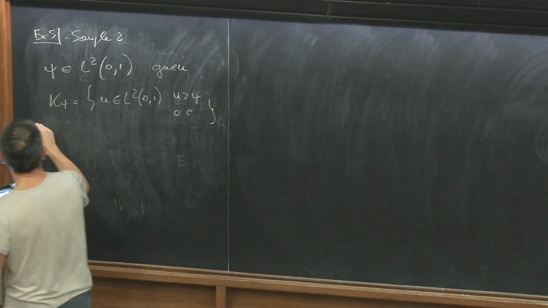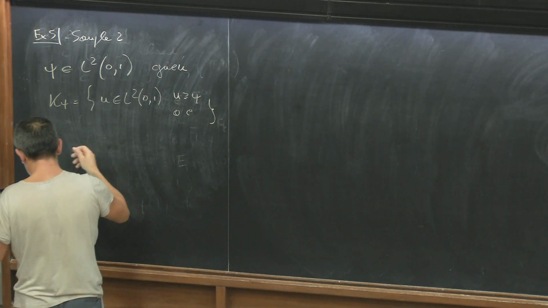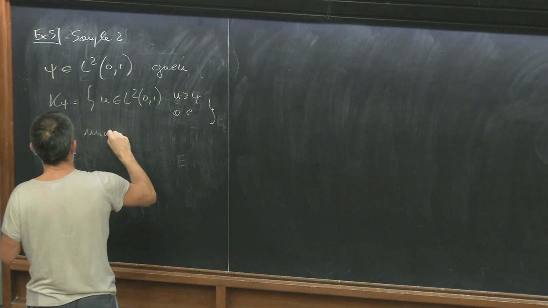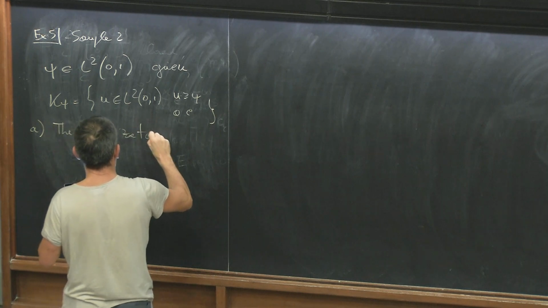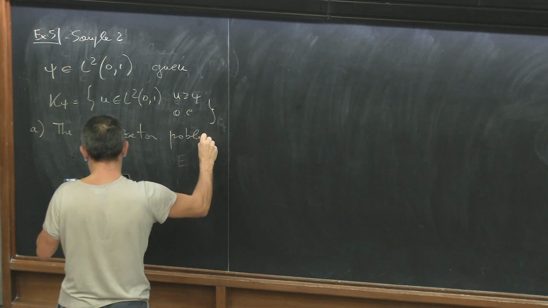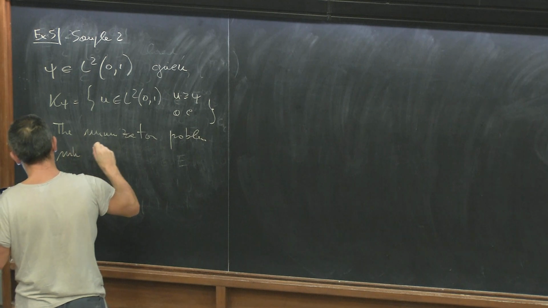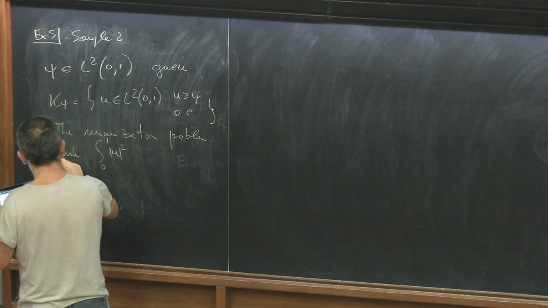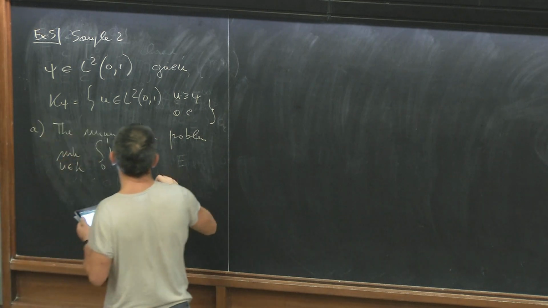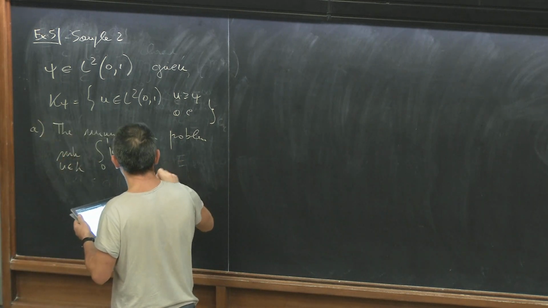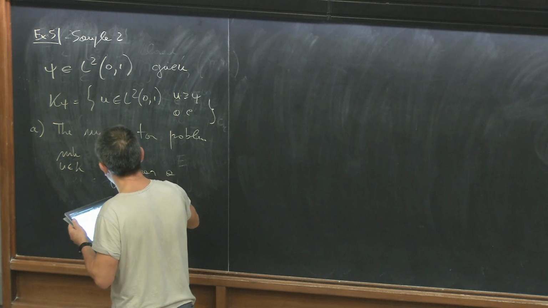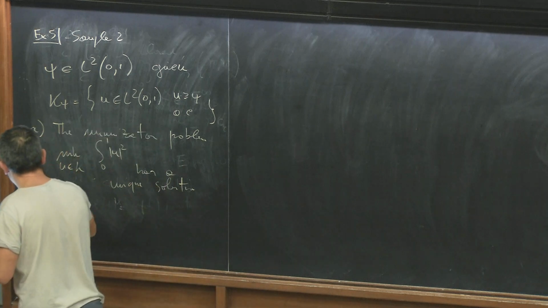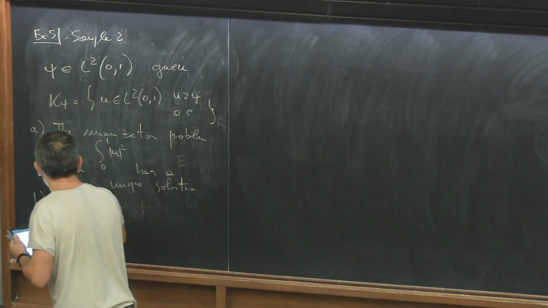Now the first point is the minimization problem: the minimum of the integral over (0,1) of u squared has a unique solution. And B, compute it.